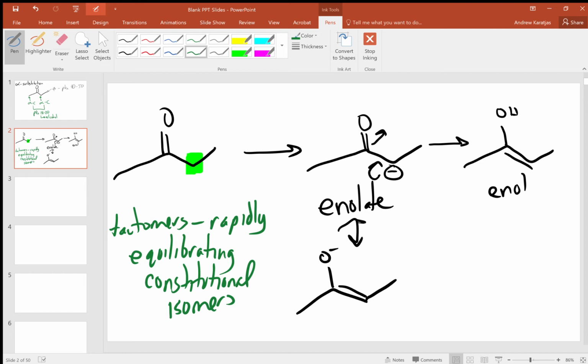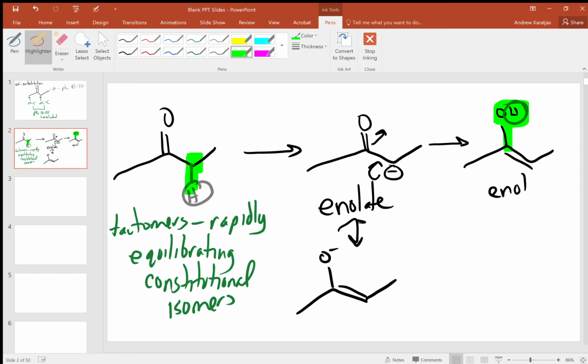Now, be careful, because we want to say that the ketone and the enol, these are tautomers. They're constitutional isomers. They are not resonance structures. Why are they not resonance structures? Because we've taken a hydrogen and actually moved its location. So we've broken a sigma bond here, and we've formed a new sigma bond for that OH group.